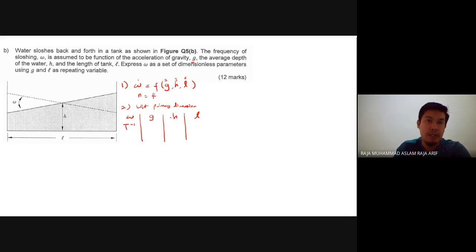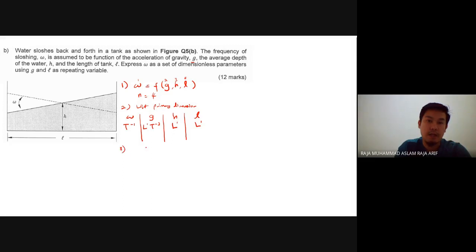The g is acceleration, so the primary dimension will be L1 T minus 2. The h is the depth, which is in meters, so it will be L1. The length is also in meters, so this will be L1.